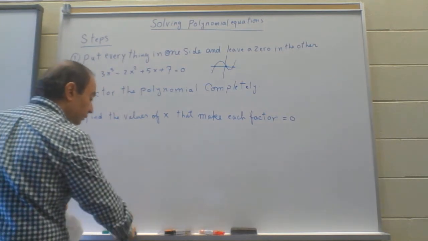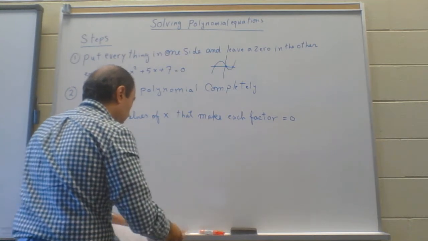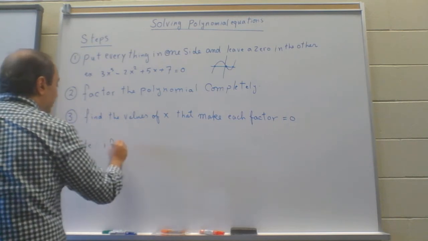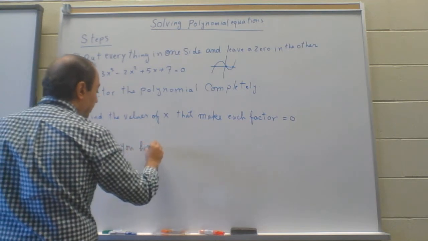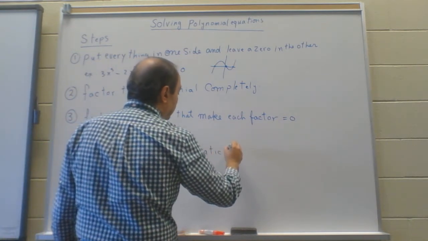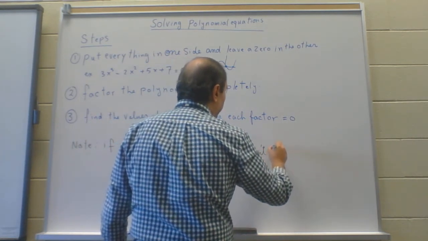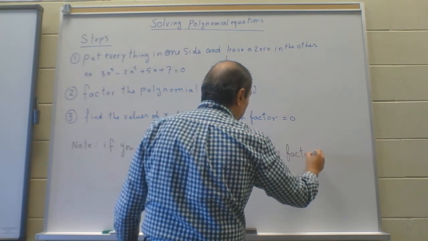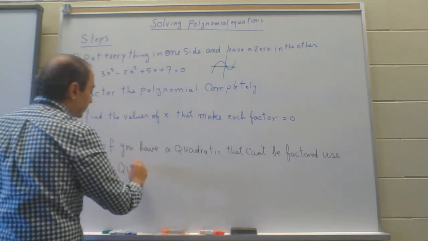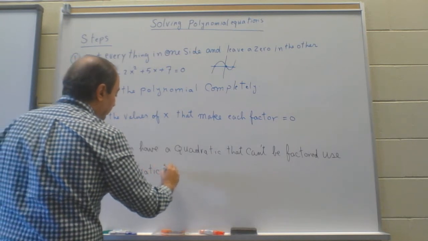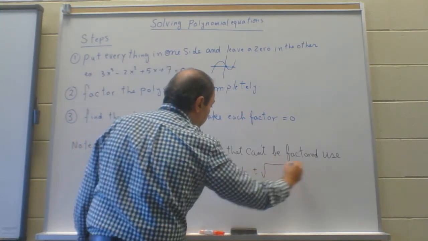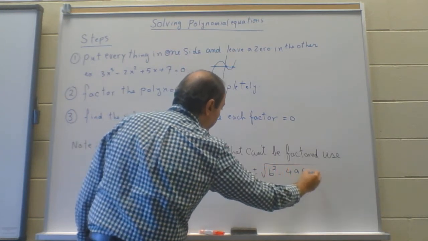A very important note: if you have a quadratic, you can use the quadratic formula, which is x equals minus b plus or minus the square root of b squared minus 4ac, over 2a.